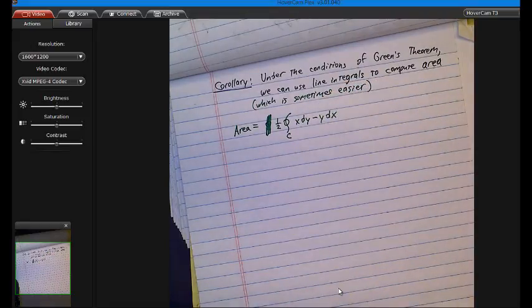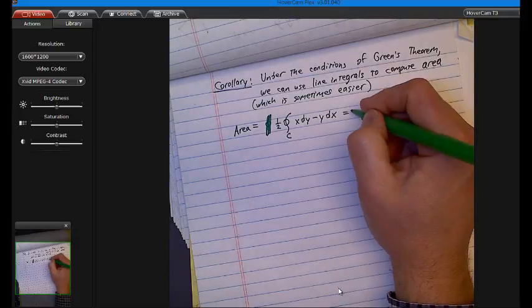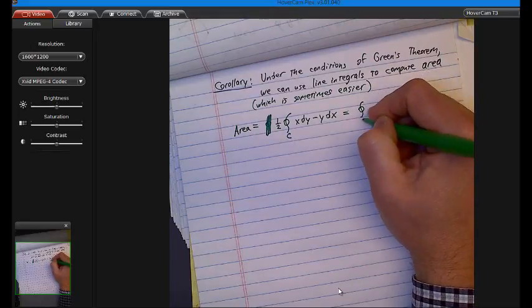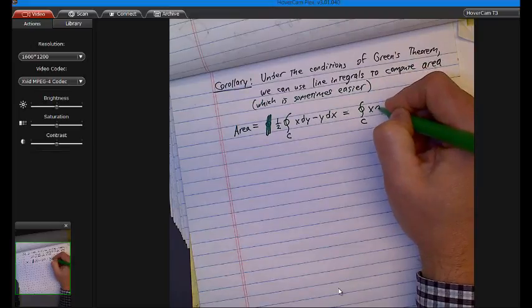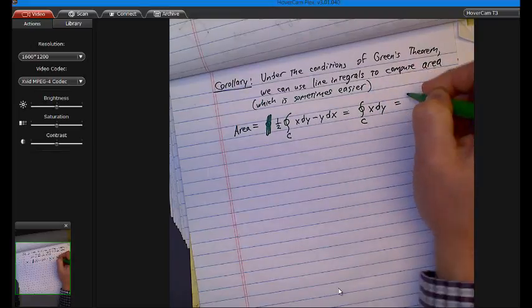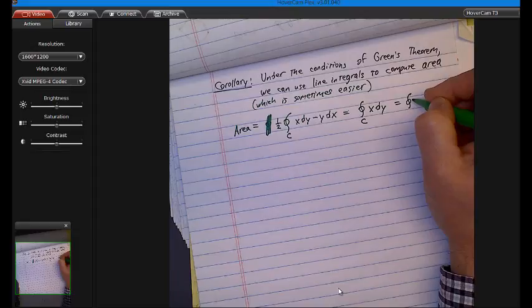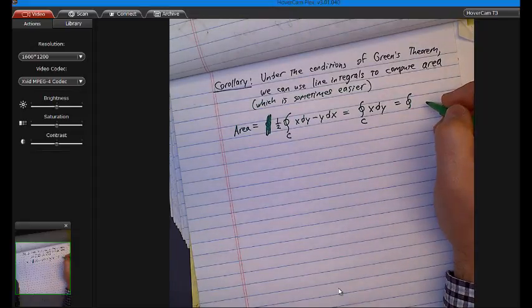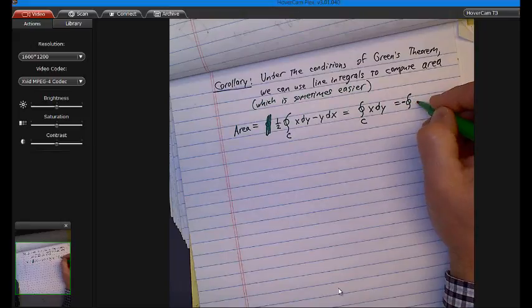That's one way to write it. And that's equal to the line integral of just x dy, and that's also equal to the line integral of negative y dx.